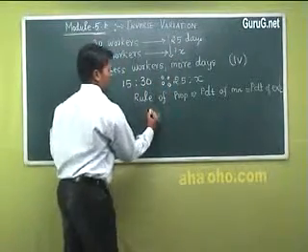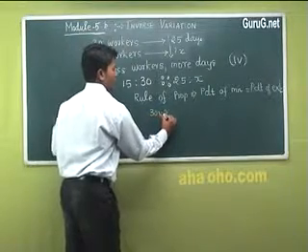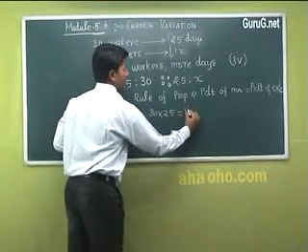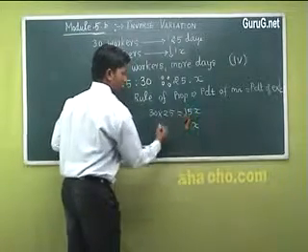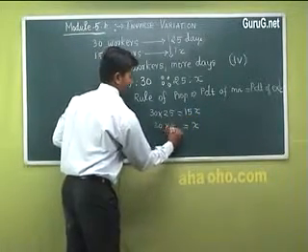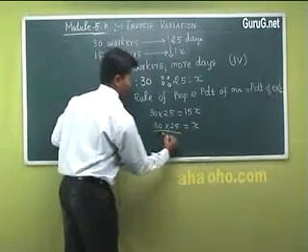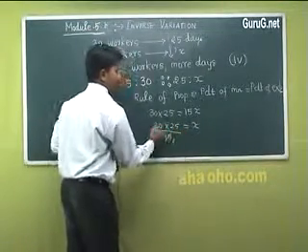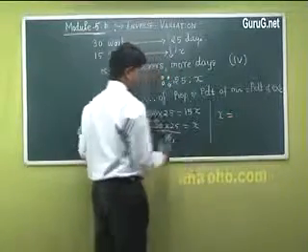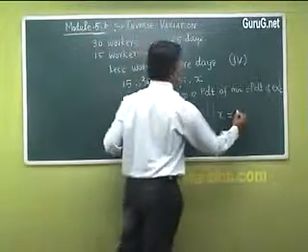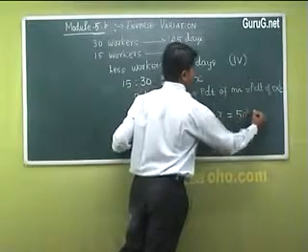So 30 into 25 is equal to 15x. So x is equal to 30 into 25 by 15. 15 ones are 15, 15 twos are 30. So x is equal to 2 into 25, that is 50 days.